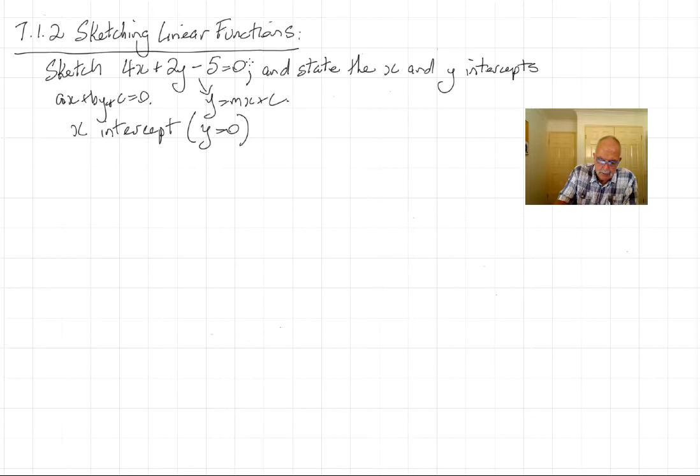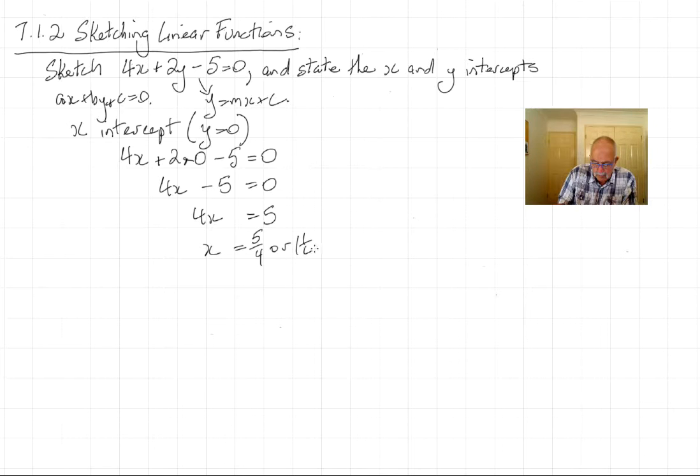So going back up here, we're going to make y equal 0. So we've got 4x plus 2 times y, now y is 0, minus 5 equals 0. 4x minus 5, 2 times 0 is 0, 4x equals 5, x equals 5 on 4, or as a mixed number, 1 1/4.